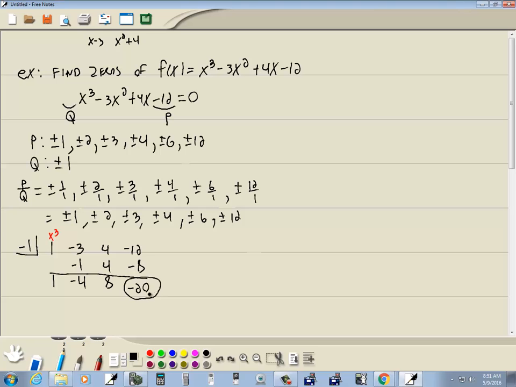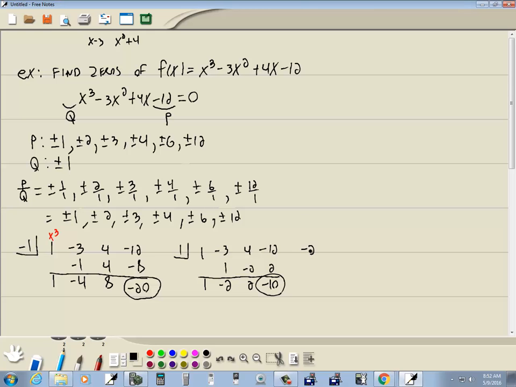Now we're looking for a zero remainder. We haven't found that yet. So that was negative 1. So now we go on to the next possible answer, which is a positive 1, because we've got a plus or minus 1. And we'll plug it into synthetic division. Add, multiply, add, multiply, add, multiply, add. Still don't have a 0 here.